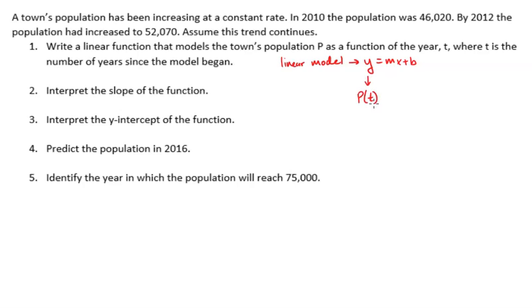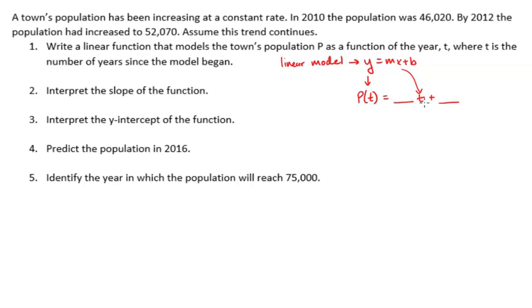It's P of t, population based on time. And then t is going to replace the x. So we're going to have the slope of our function times t plus the y-intercept. That's what b is.